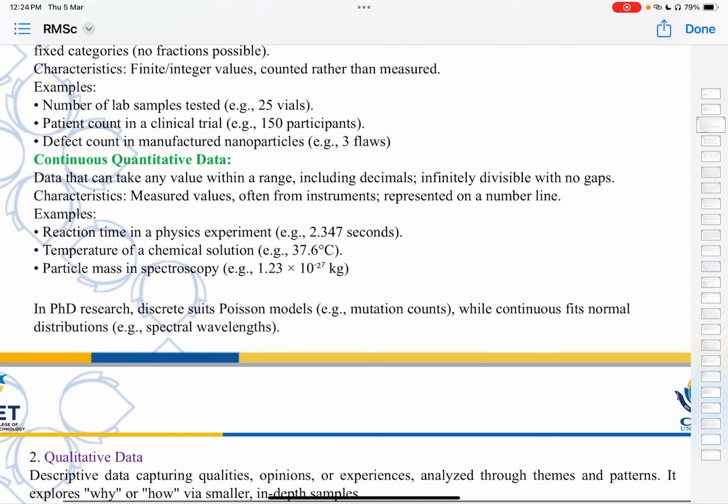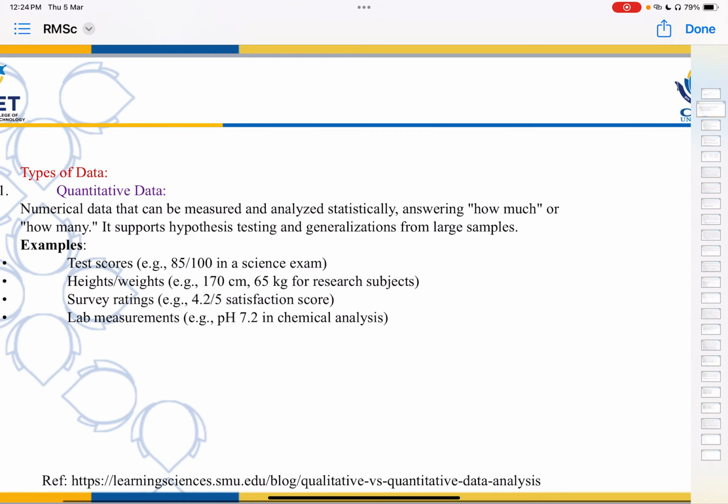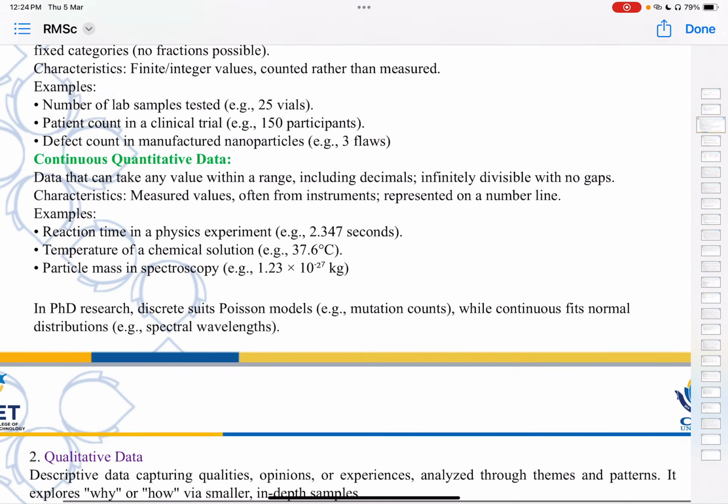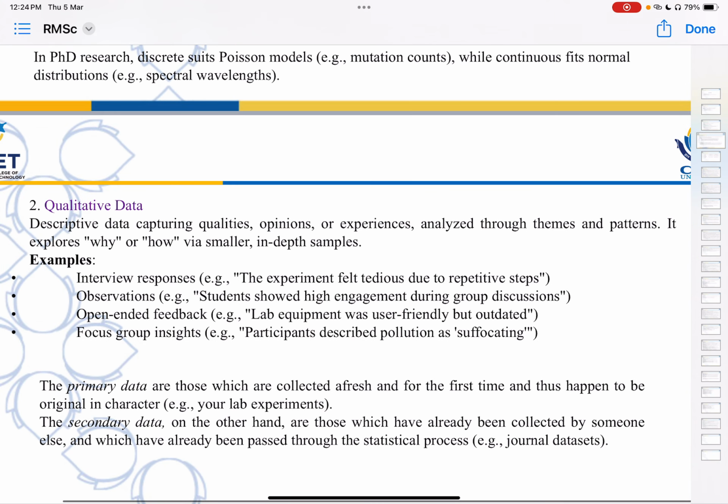The first kind of data is quantitative data. Now the second is qualitative data. This is data which is not numerical, but descriptive, capturing qualities, opinions or experiences.